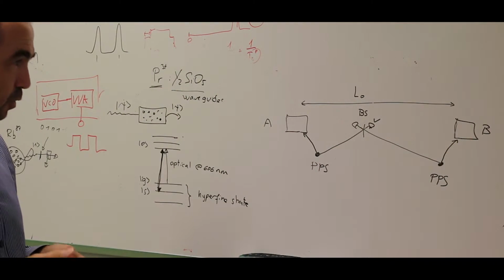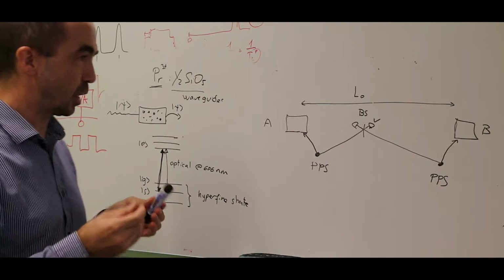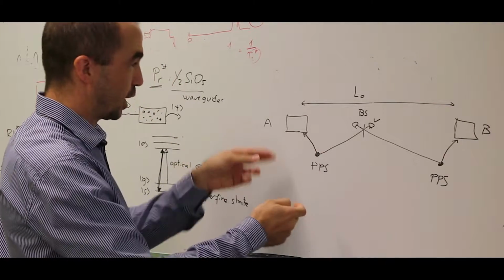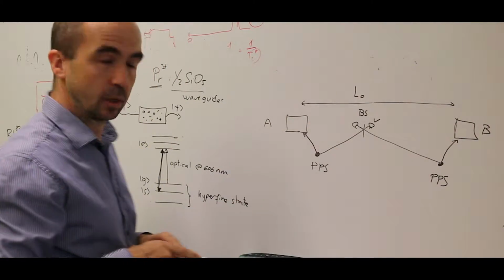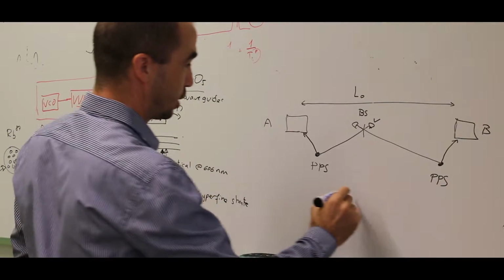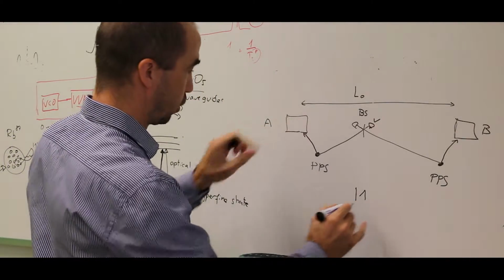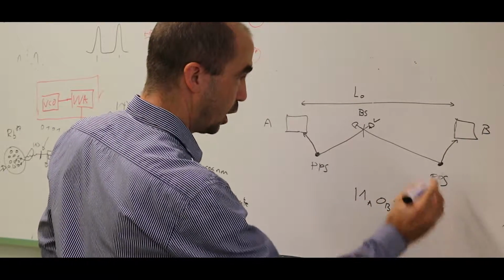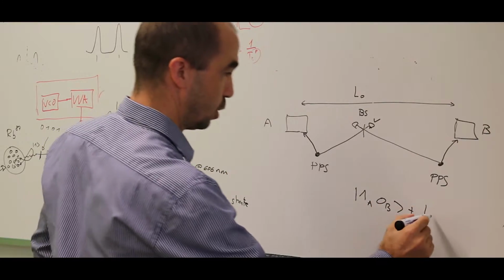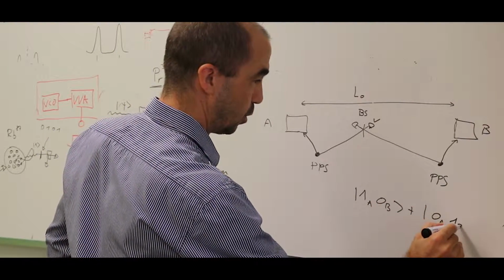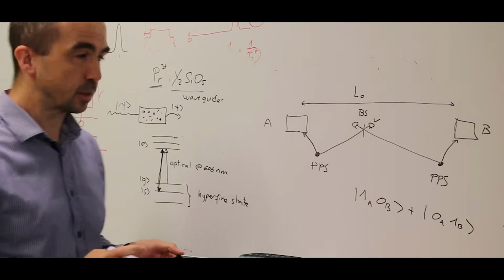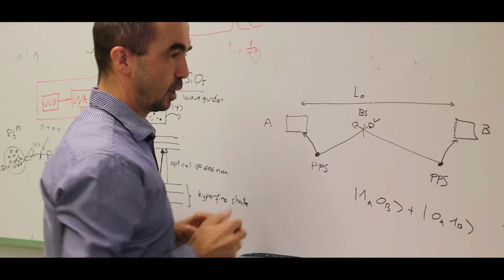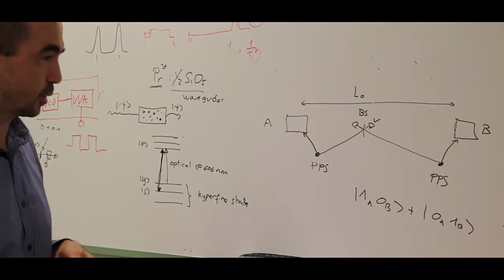And in quantum mechanics, if you have two different processes that lead to the same result, you have to say that actually the photon is stored in this memory and in this memory, which means that we have an entangled state between these two, where we have one photon in memory A and zero photons in memory B, in coherent superposition with the other possibility, 0 in A and 1 in B. So this is an entangled state, and it is a heralded entangled state because we know when this entangled state appears. We have a signal that tells us when it appears.